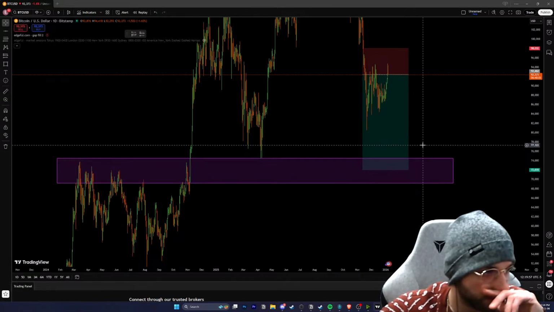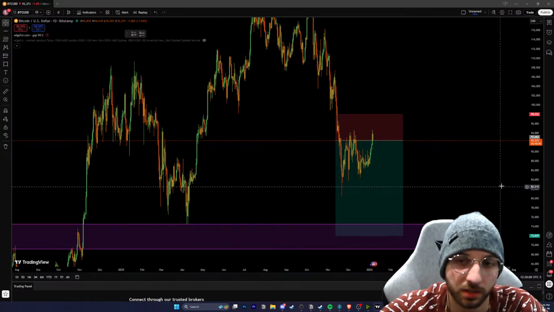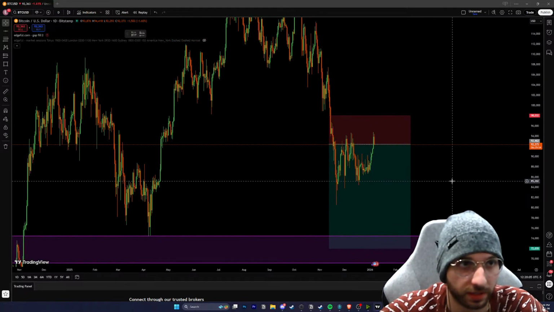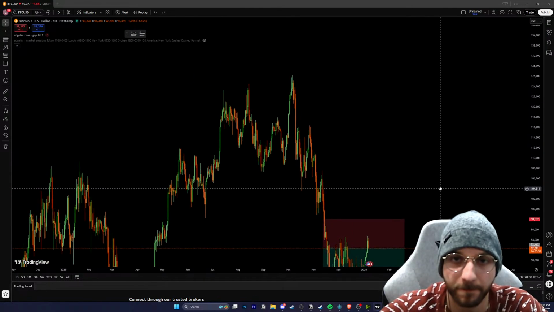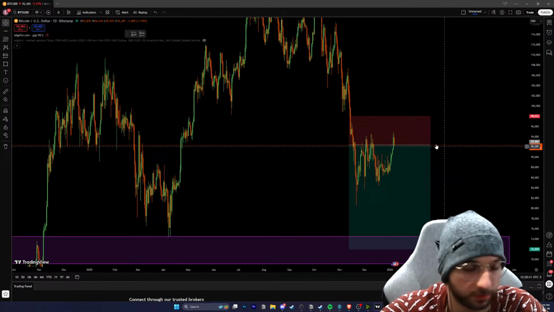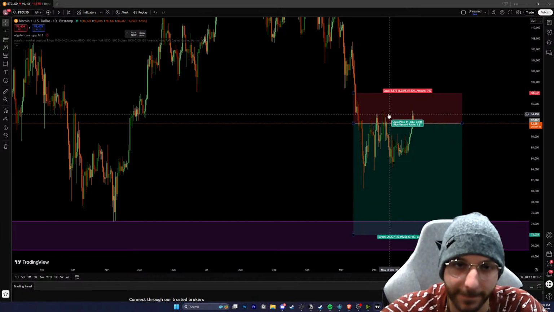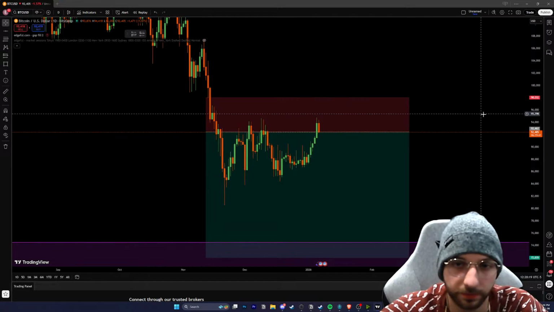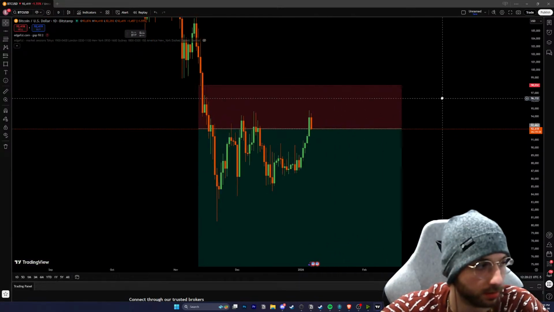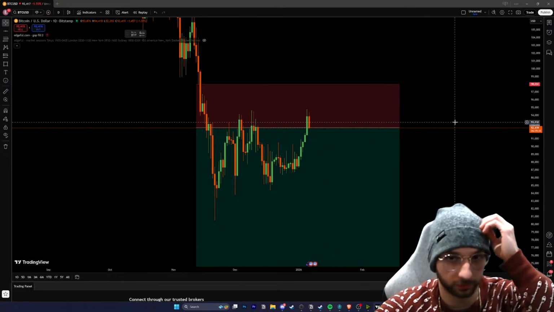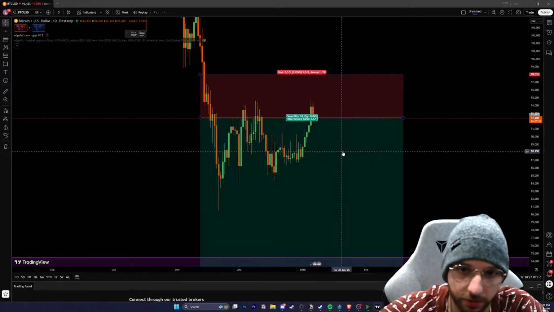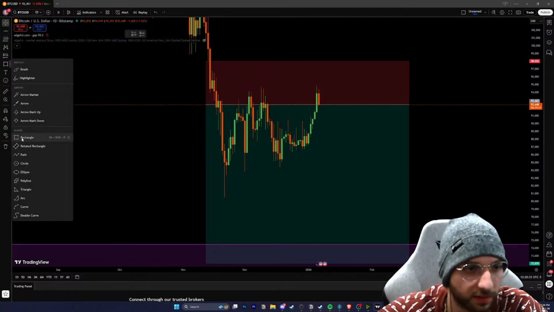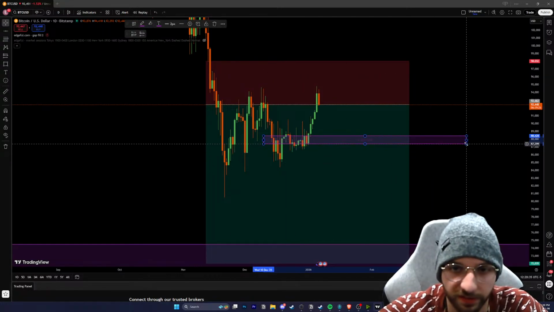I think I've traded Bitcoin like once on futures, but I've never fully traded it on Forex. I don't mind this though. I like this. If we actually get this daily close, red, we can maybe see a continuation below. I'd be looking at what we do at 88s. But that's how I would trade. You probably got your own system.